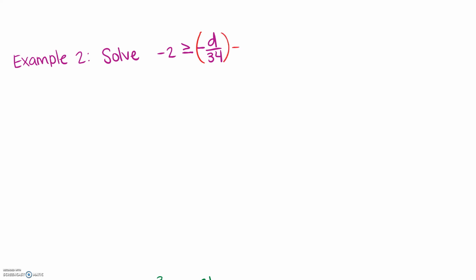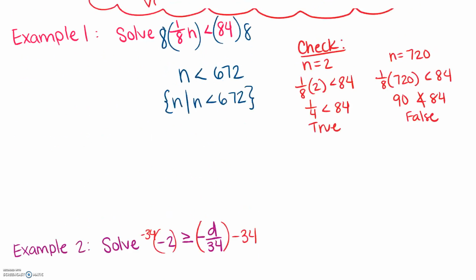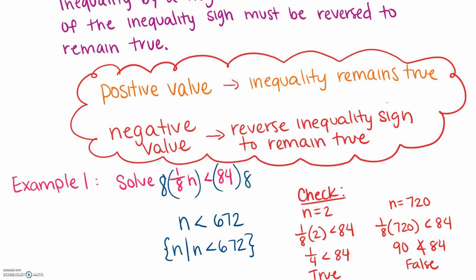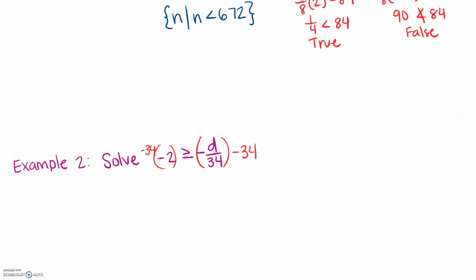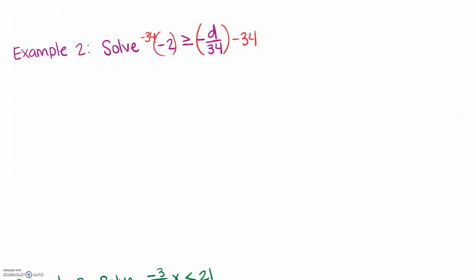When I multiply both sides by -34, we have to refer back to our rule. If we multiply by a negative value, we must reverse the sign. So we have to reverse our inequality sign.